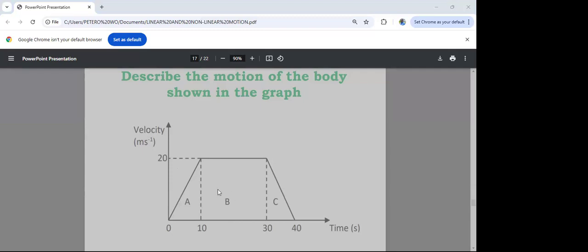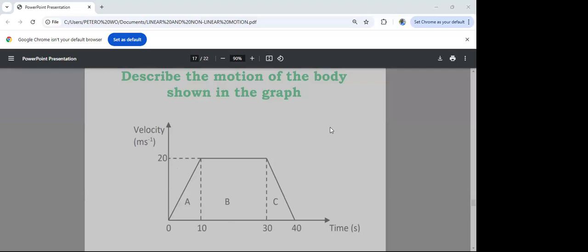I have just one question before I describe the motion. When we are describing it, do we do it from one point to another, like just from 0 to 10, or do we do from 0 to 40? No, you do one at a time. Oh, okay.